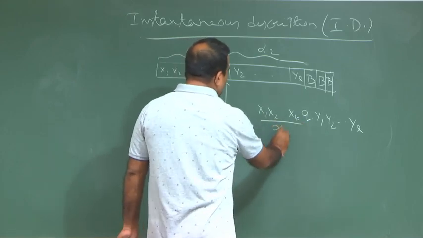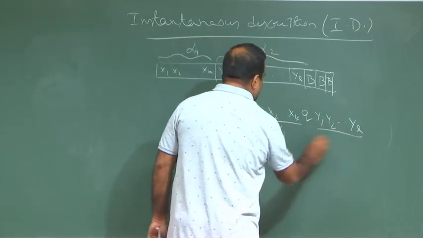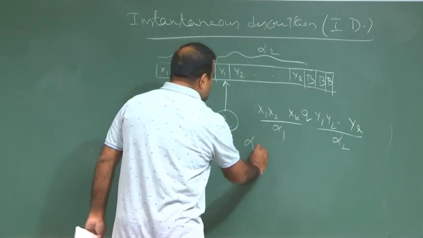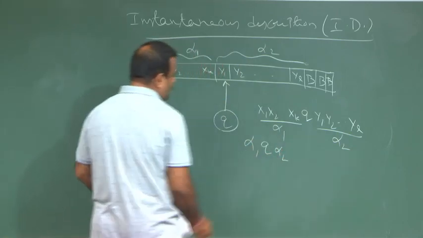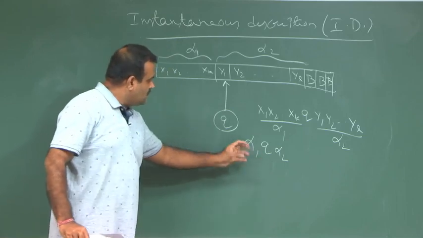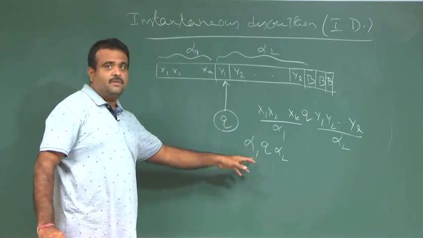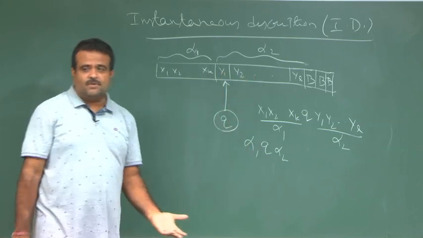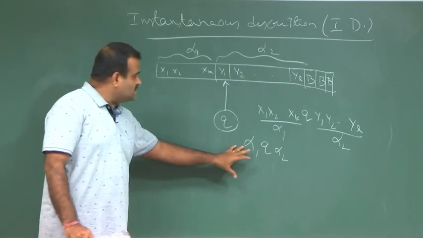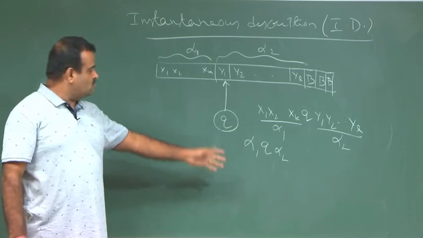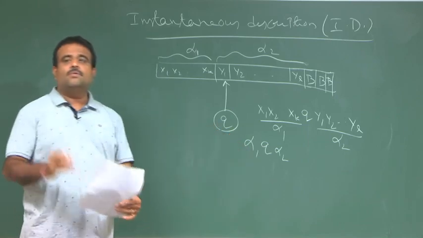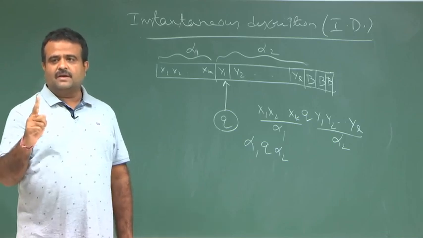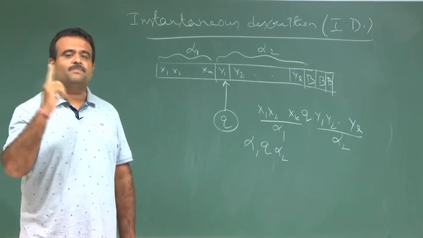So this is alpha, this is alpha 1, this is alpha 2, so alpha 1 q alpha 2. Wherever we put q, q is the state, it is not a tape symbol or anything, but this is just a representation to know which is the next symbol to be read, where the tape head is pointing.